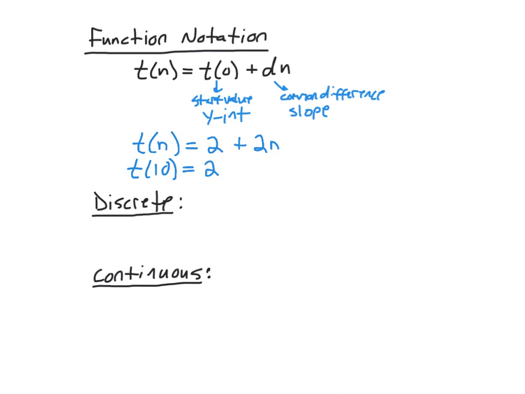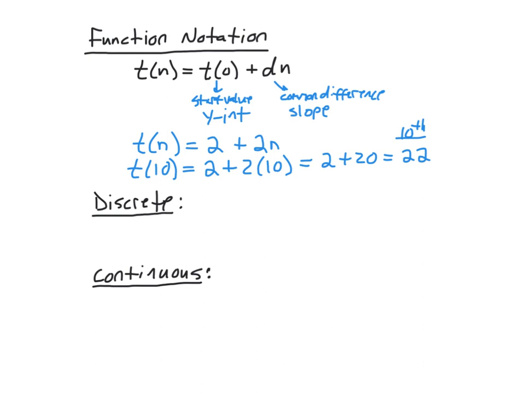And when I do that, I get 2 plus 2 times n, but n is 10. And so I get 2 plus 20, which is equal to 22. And so the 10th term in our sequence is 22, t of 10. And that's how the function notation works.